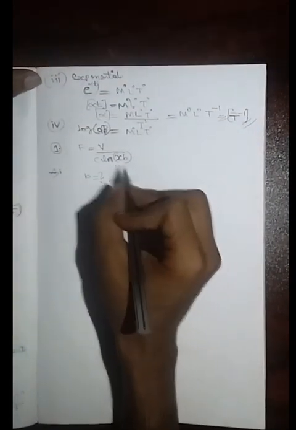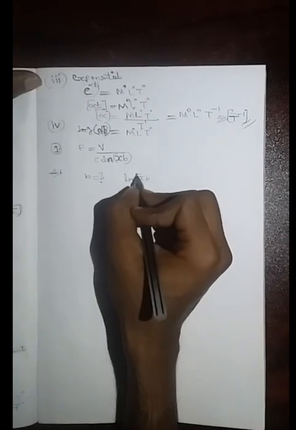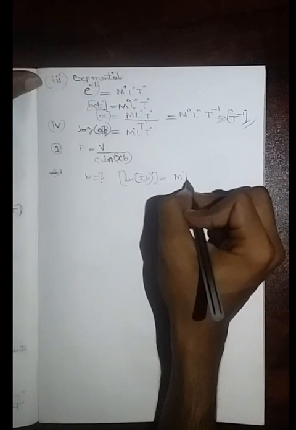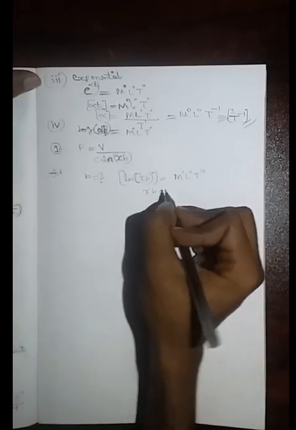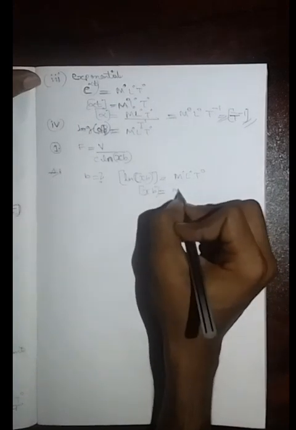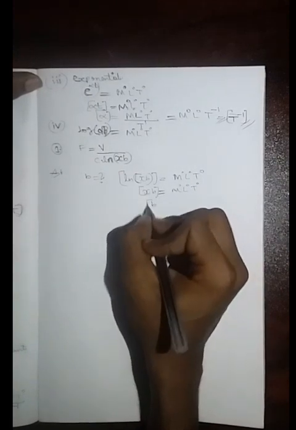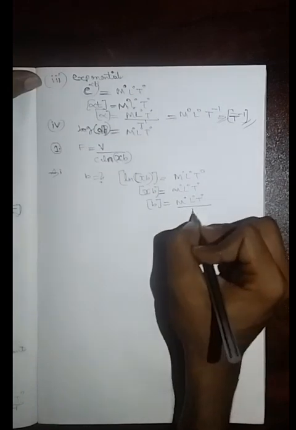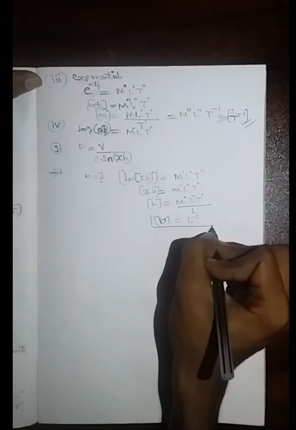If we see functions like logarithmic, exponential or trigonometric, we should consider them dimensionless. So the dimension of ln of xb is M power 0, L power 0, T power 0, and then the dimension of xb is M power 0, L power 0, T power 0. To find the dimension of b, we cross multiply x, that is the distance, which is L. So the dimension of b is L power minus 1.